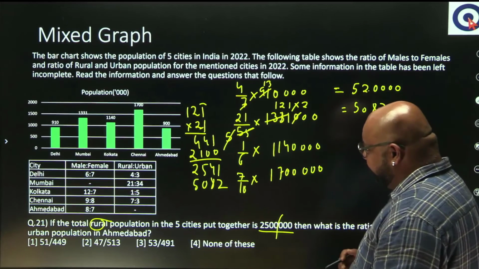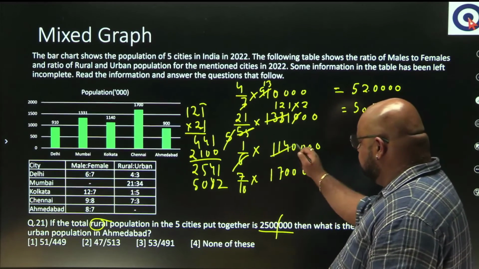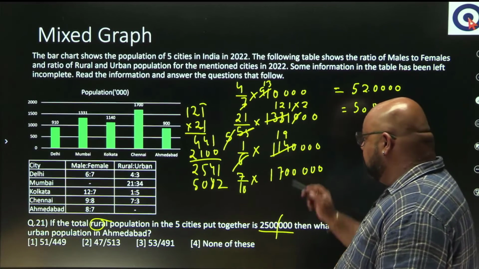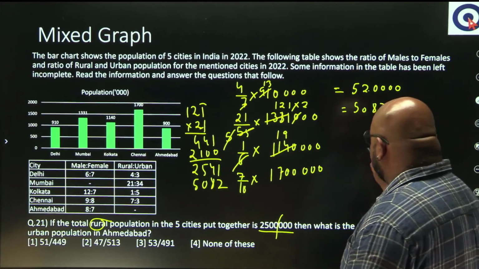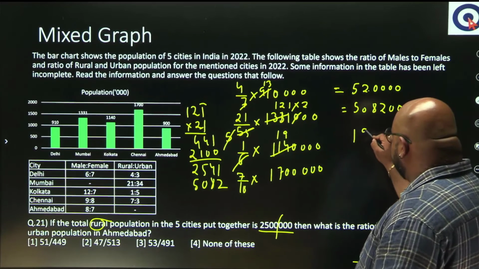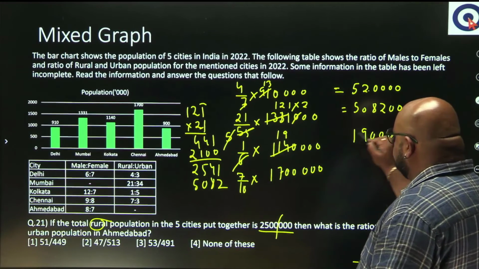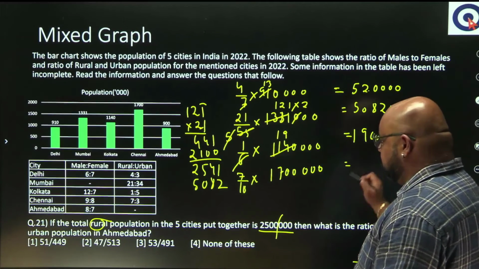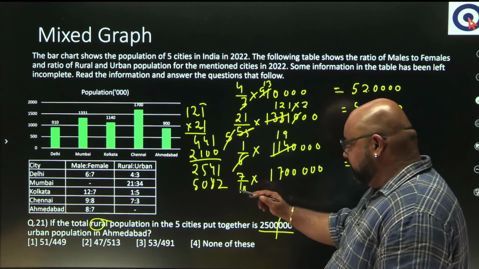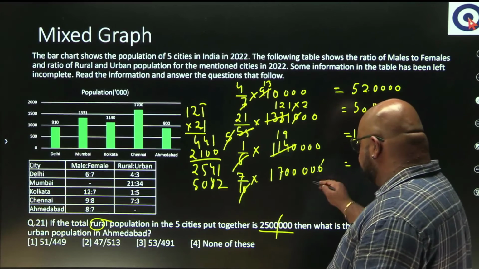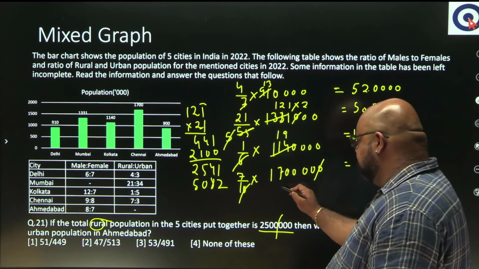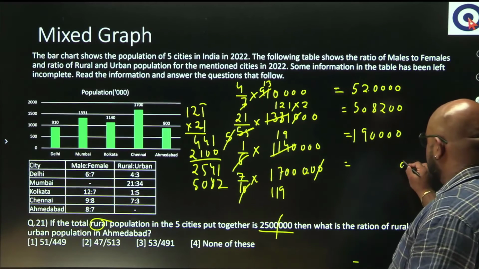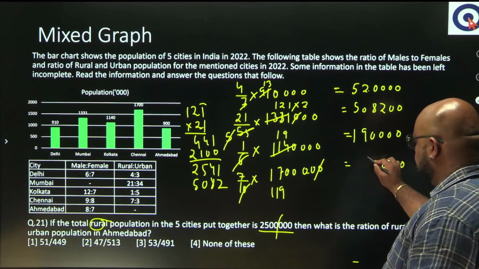Next, Calcutta. 6 ones are 6, 6 nines are 54. So 190. This is Calcutta. Next is Chennai. 0 0 cancel. 7 7 7 9 4 7 1 1 9 0 0 0 0. 1 1 9 1 1.